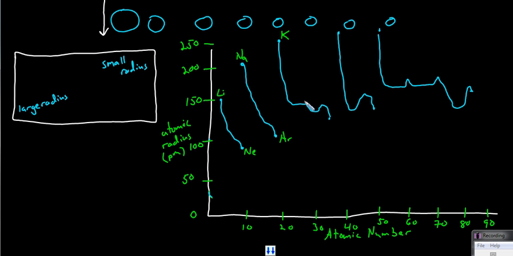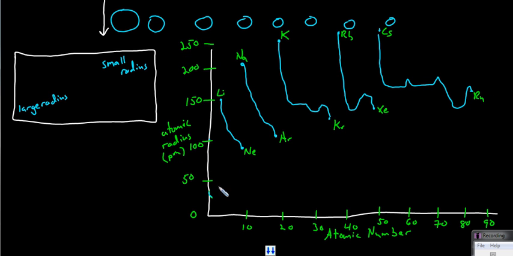And then we get to the D level, where the rules kind of don't apply as much. And so we more or less flatline when we get to the D block for a little while until we start falling again when we get to krypton. And then we can do rubidium, fall, D block more or less flatline, xenon, and then we have our cesium, D block more or less flatline, and then radon.